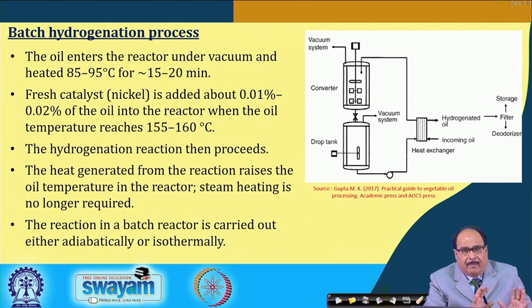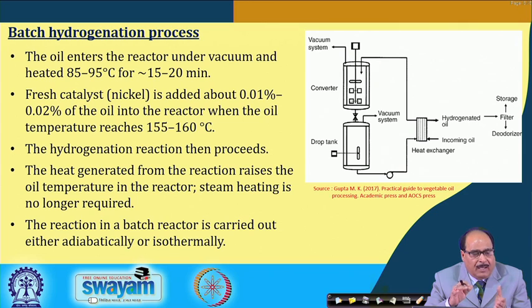As far as conducting the hydrogenation process is concerned, the equipment is first filled to its desired capacity with the oil. First it is heated to around 85 to 95 degrees Celsius for 15 to 20 minutes, and then through the input assembly the oil is introduced into the reaction vessel.